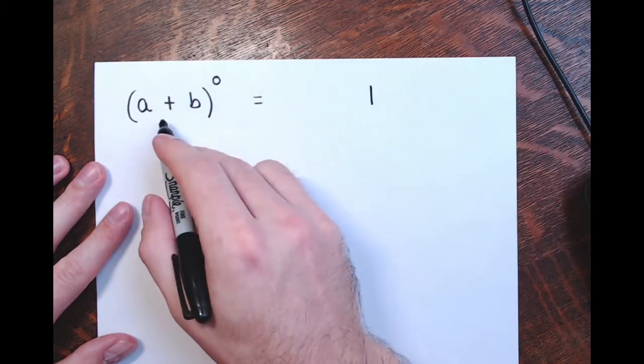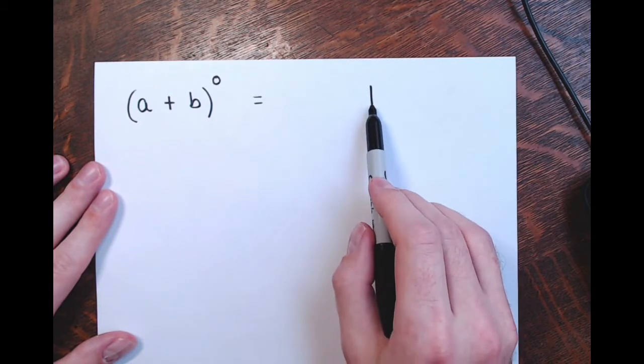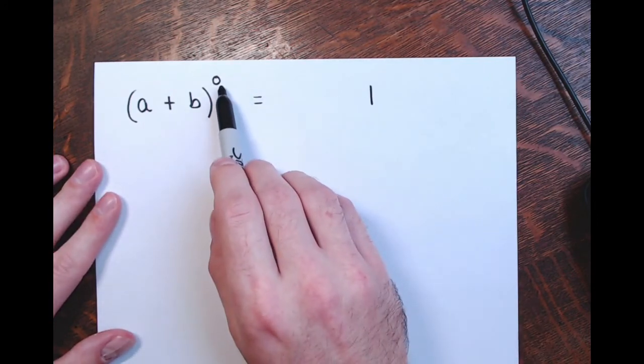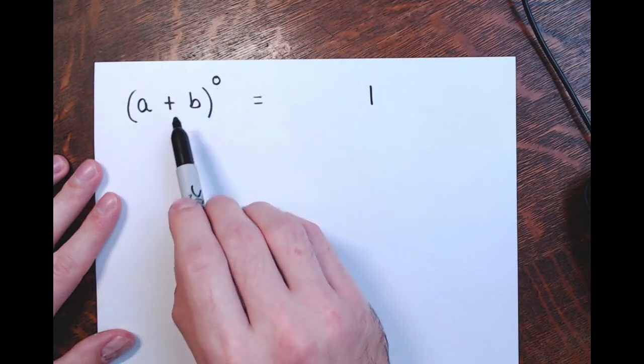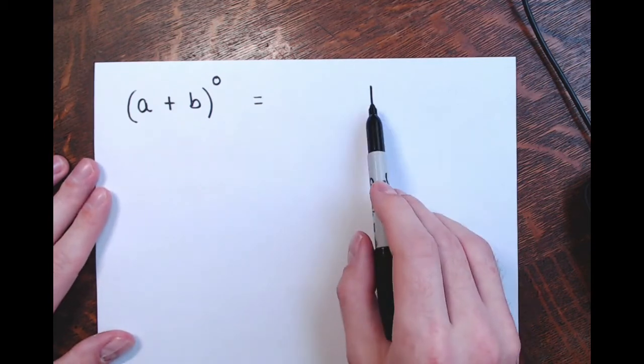Right? Anything that's not 0 to the 0 power is just 1. And really, you can think of this as the number of strings of length 0 that you can form with letters A and B. And there's only one string of length 0, that's the empty string, so that's why this is 1.